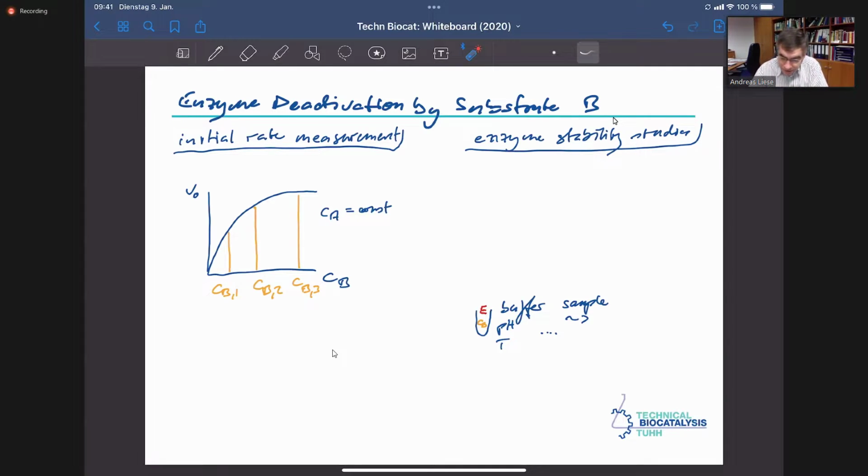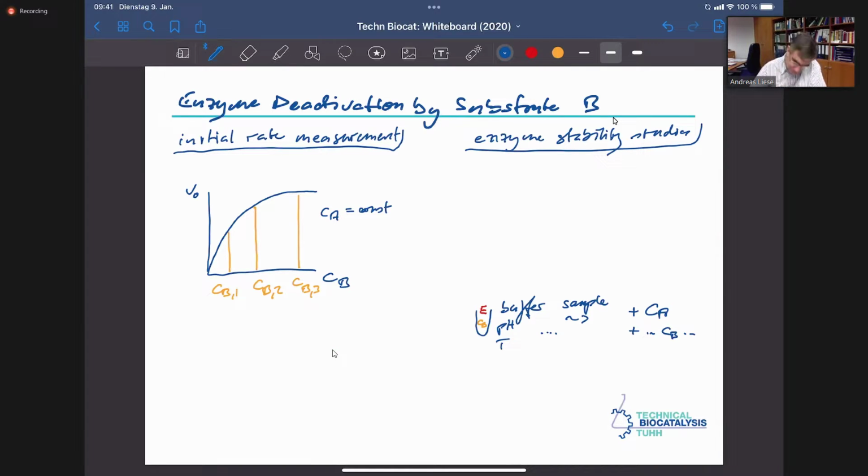Then we're taking a sample. And additionally, at this point, we're adding concentration A to the sample. And maybe if we want to adjust the concentration of B, maybe still some concentration of B. With this, we have now some concentration for the initial rate measurement.